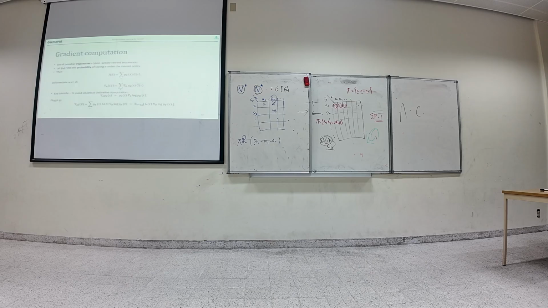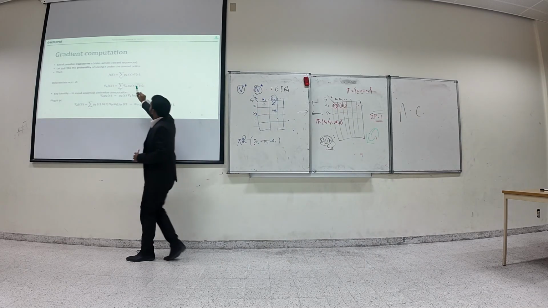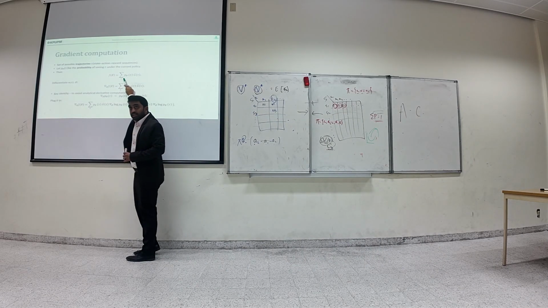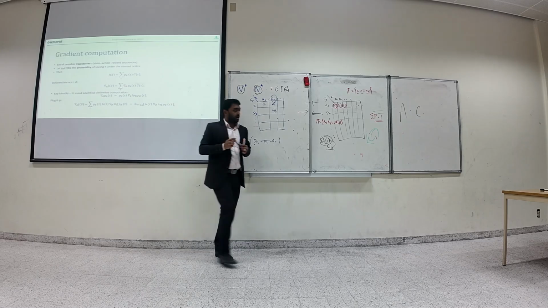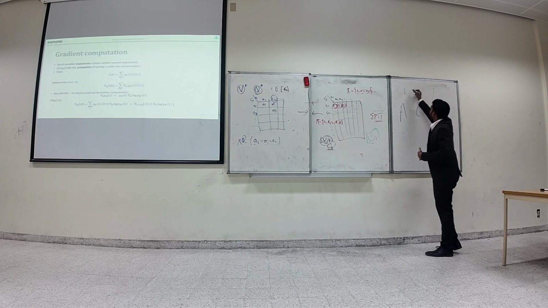Now here comes how we compute the gradient. This is your return. This is your probability of taking an action. Down here is the trajectory. What is a trajectory? The final outcome.